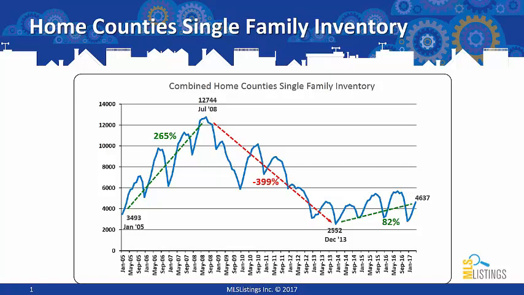Okay, let's take a look at inventory. Now, my definition of inventory has changed over the 14 years I've been here, because our programmers and board and committees sometimes change how we structure what counts as inventory. For the purposes of what I've done for the past 14 years, I include active, contingent, and pendings in my inventory.